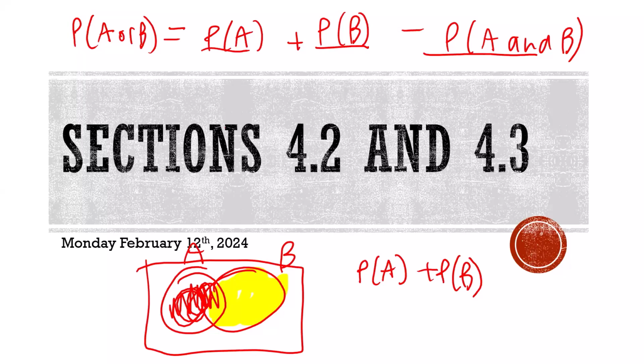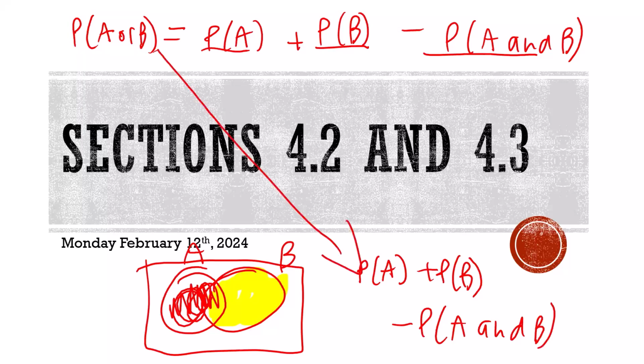But the area that's in both of them is counted twice, and you can't use the same area twice. So you have to subtract the probability of hitting both of them to find the probability of hitting one or the other. This is something you need to memorize, and it's fairly intuitive if you understand what these things mean.